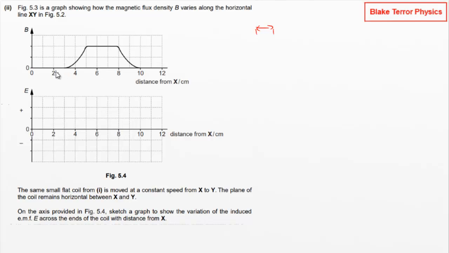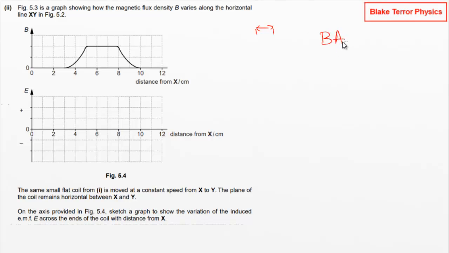because we know that if there's no change in the magnetic flux density, then we can't be inducing an EMF. We need a change in magnetic flux linkage, and in this case, because the coil is perpendicular to the magnetic field, our magnetic flux is BA.